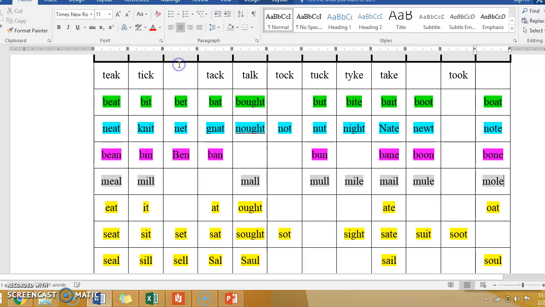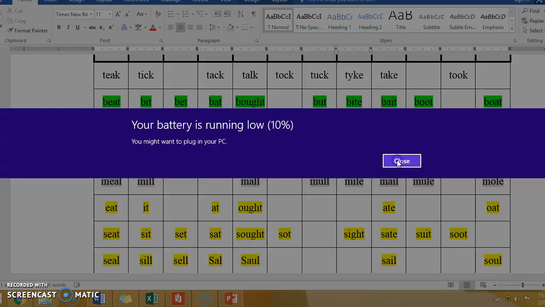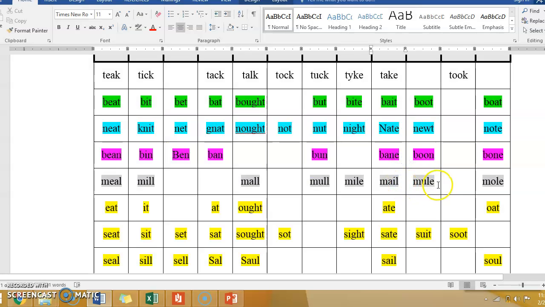Let us put the gray. Meal, mill. See the difference? Meal, mill, mall, mull, mile, mail, mule, mole. Very good.